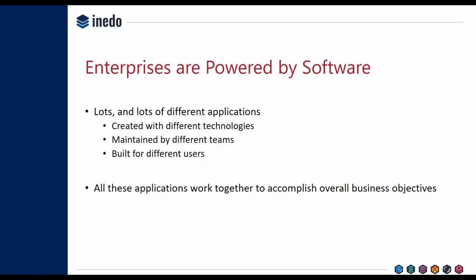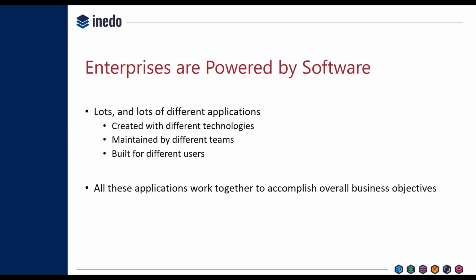And different teams of developers are maintaining these applications. A lot of them use totally different processes and totally different testing methodologies as well. And a lot of that's fine because the end users are very different. Some of them are critical business applications, other of them are less important, but still, all of these different applications work together to accomplish overall business objectives.